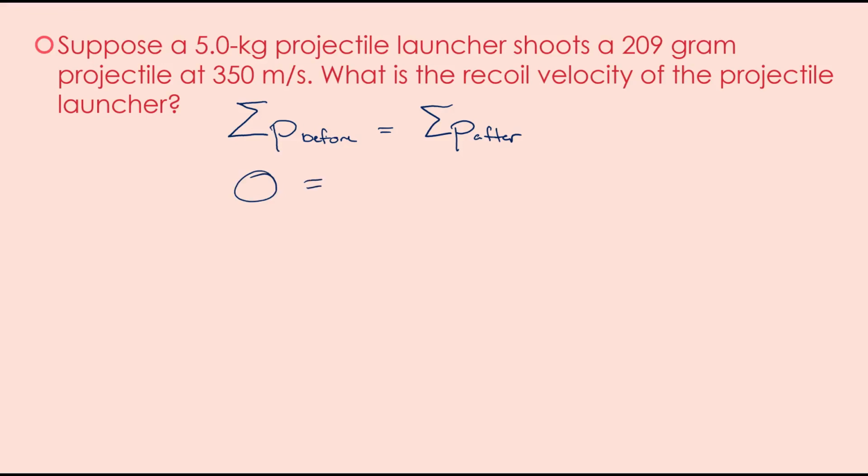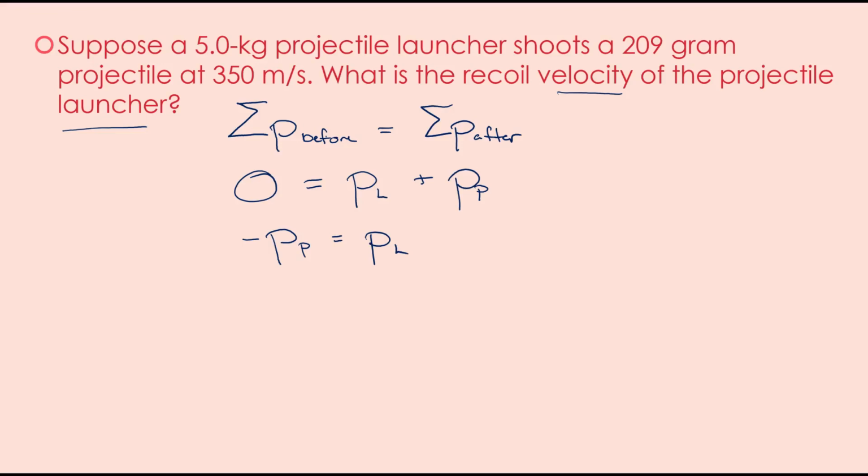Then once it's launched, that projectile launcher has momentum and the projectile has momentum. So if we're trying to find the recoil velocity, the final velocity of the launcher, then we can say that negative momentum of the projectile is going to give us the momentum of the launcher afterwards. So they both cancel each other out again.